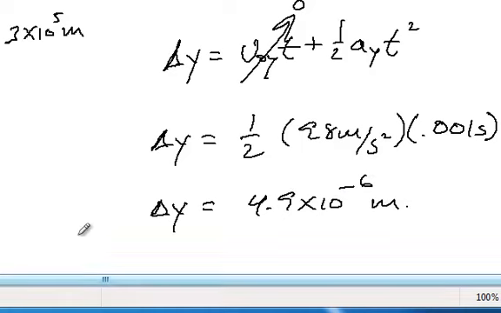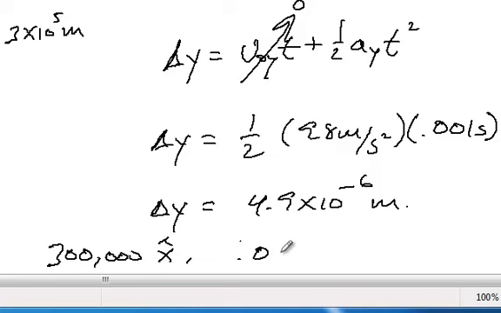Well, let's ask ourselves something. Is this feasibly possible to even measure? Well, let's look at this. Over a distance of roughly 300,000 meters or 300 kilometers that we travel in the x direction, we have a displacement in the y direction of roughly 0.000005 meters, and again, this is in the negative y direction.